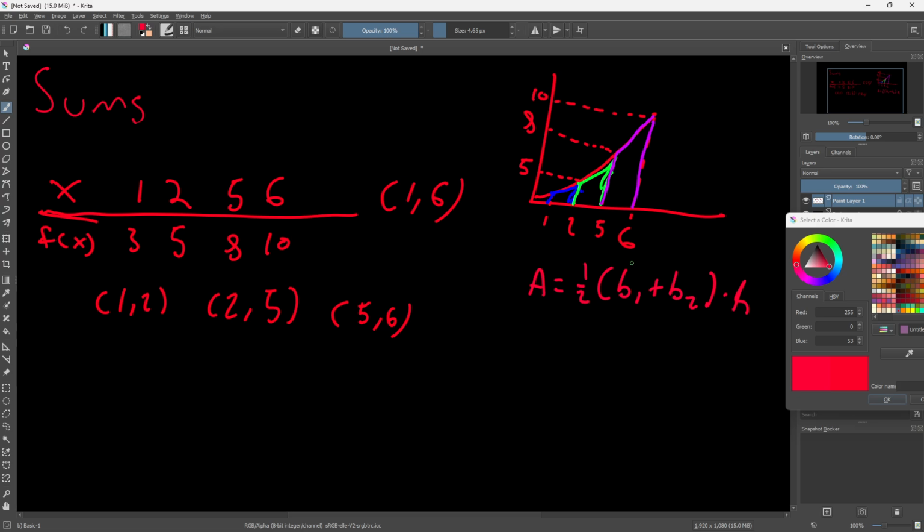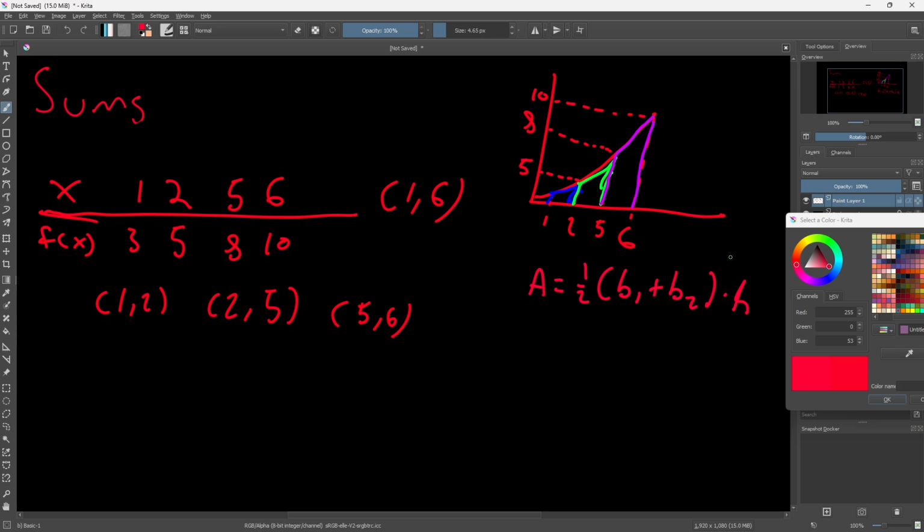So that would be f of 1 plus f of 2 for this example. And for the green trapezoid, base 1 would be f of 2, and base 2 would be f of 5. And then for the last one, the purple trapezoid, base 1 would be f of 5 and base 2 would be f of 6.